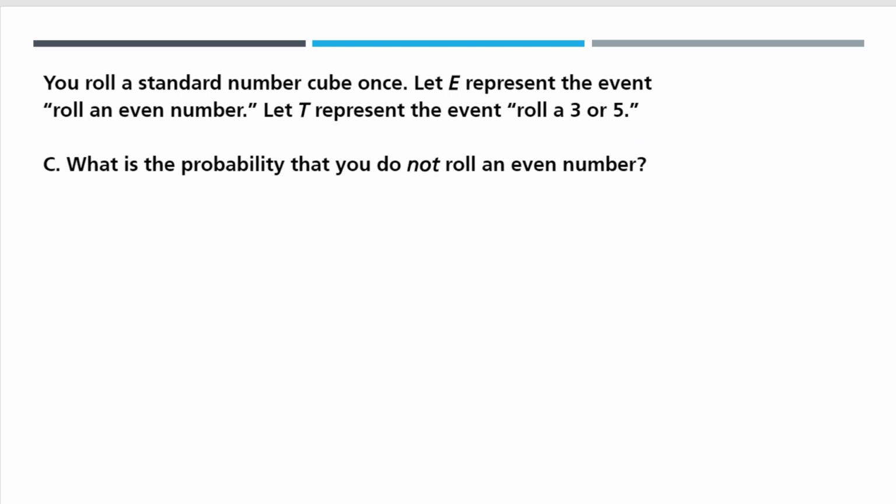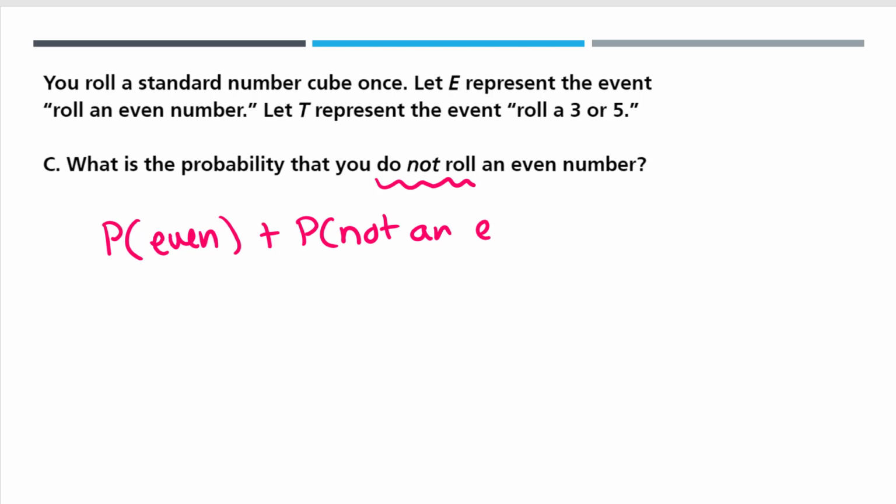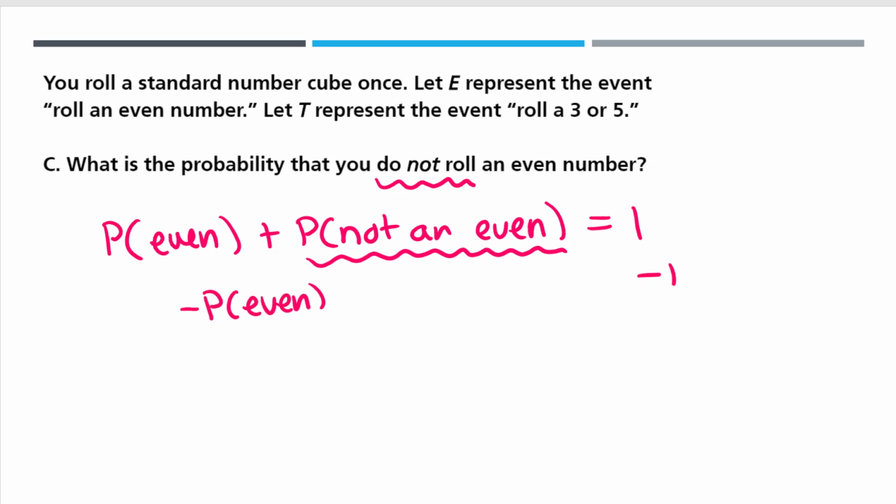What is the probability that you do not roll an even number? So this is our complement question. So think of it this way. The probability that we roll an even plus the probability that it's not an even has to be equal to 1. So if we want to find the probability that it's not an even, we will subtract the probability that it's an even from both sides.